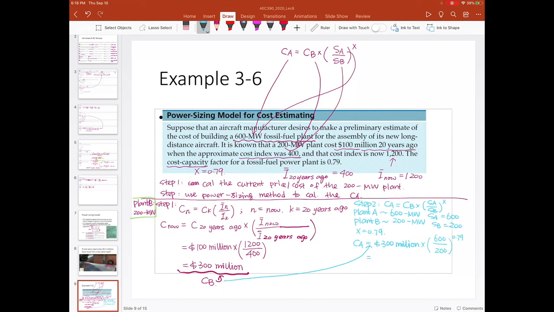That's the power of this ratio. So the final result is 714 million. Okay, so it tells you that the cost for this 600 MW fossil fuel plant is gonna be 740 million US dollars for now.